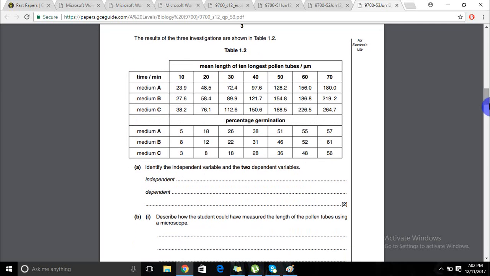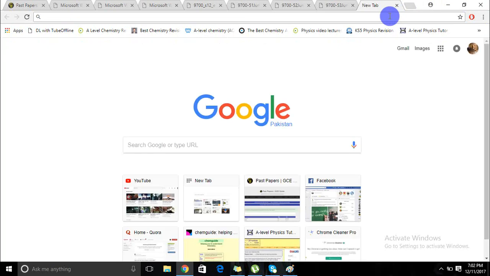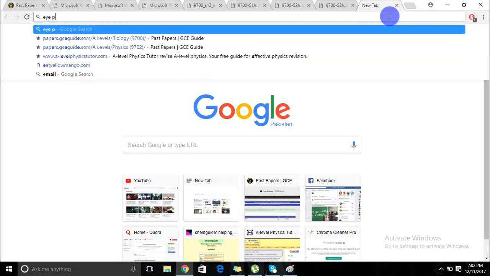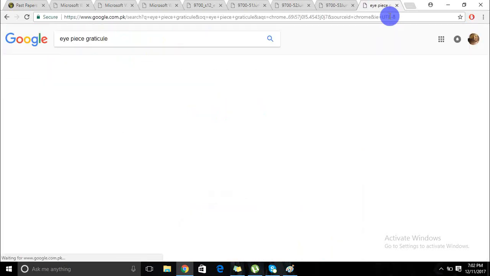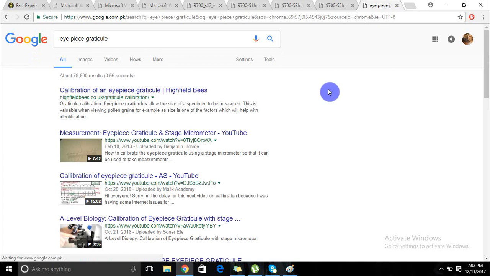Describe how the student could have measured the length of the pollen tube using a microscope. From AS Biology, you would be aware of 2 things. Something called an eyepiece graticule, which is part of the microscope.